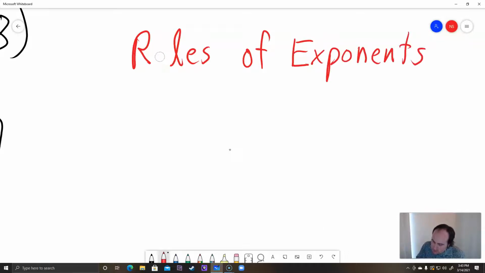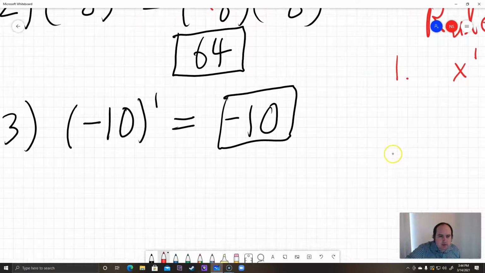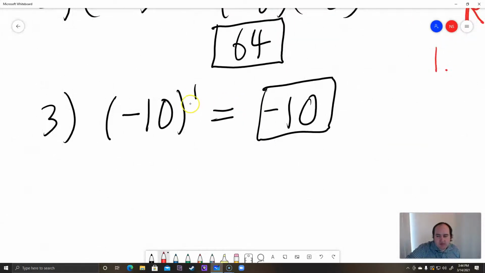So the first one we're using here is, I just said that if you have a number and you raise it to the first power, or a variable and you raise it to the first power, that's just the variable or the number. So x to the 1 is just going to equal x. Okay, so here, negative 10, parentheses to the 1 is just negative 10.